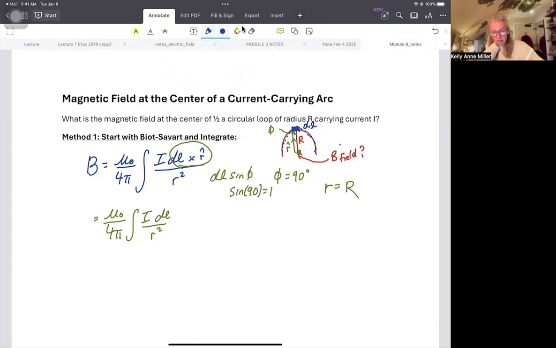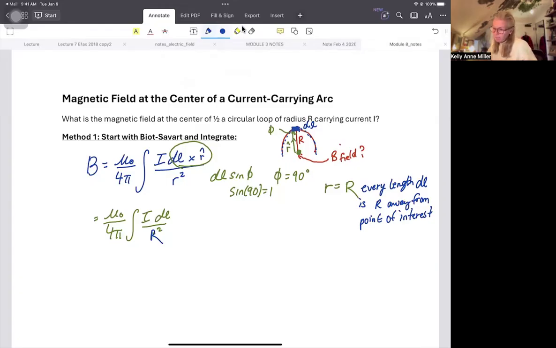So I can substitute R here, which is kind of nice. This is because every length DL is R away from the point of interest, which is the center of the circle. Okay. All right.